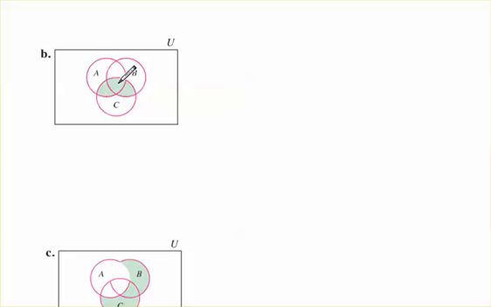Okay, let's look at this part here. This one again, if I were to get rid of this shaded section right here, it would be the exact picture that we were looking at a while ago. So this section right in here is actually A intersected with C. But then we also have another part of that.